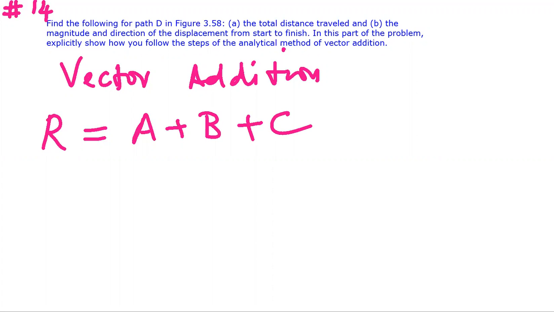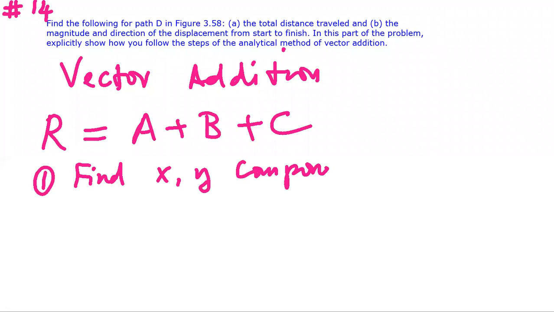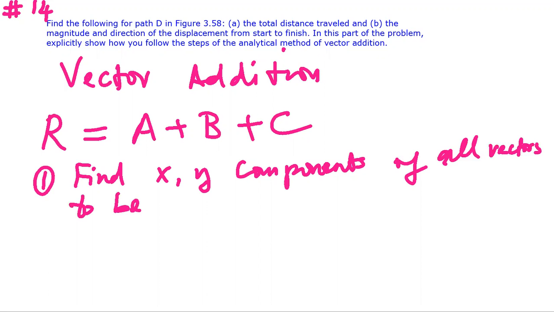According to the analytical method of vector addition, you will find the X and Y components. So step 1, find the X, Y components of all vectors to be added.